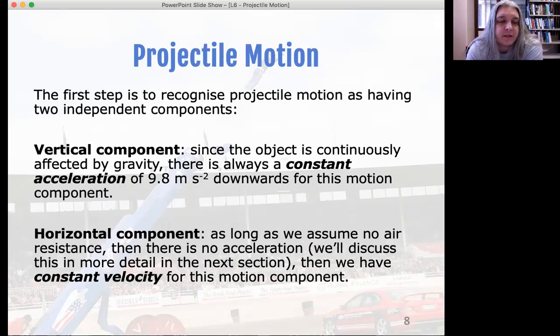We'll talk more about this in the next section when we deal with forces. But the upshot is that there's no acceleration in the horizontal component, so we have constant velocity. That means we can use our simpler equations for constant velocity, where the change in displacement is simply equal to the velocity times the time interval.